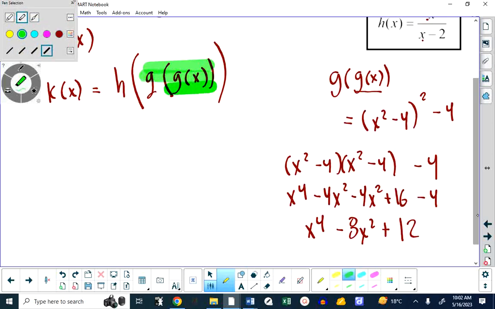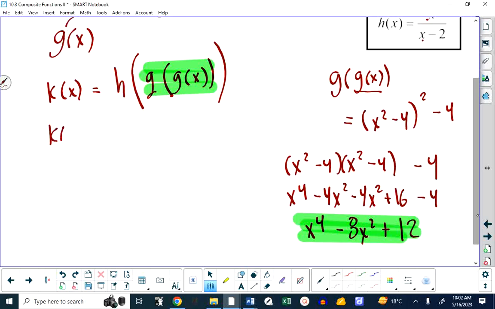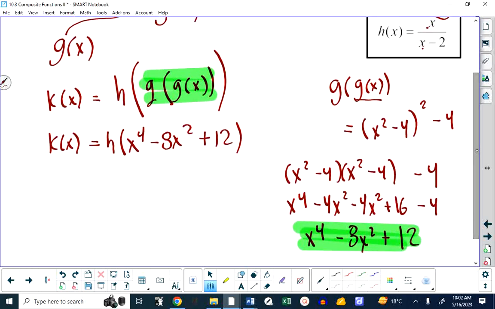G of x is this. Which means, and I'm going to write this out, I don't know that you need to, but k of x is h of that. It means we have to put that in for x in h. And h is just peeking out of the top of the screen there.